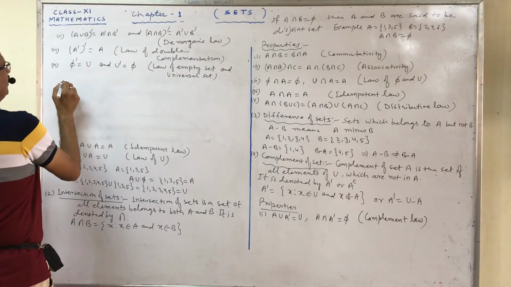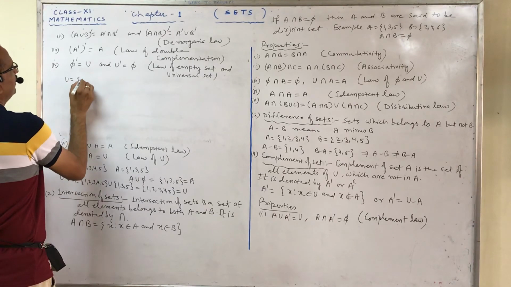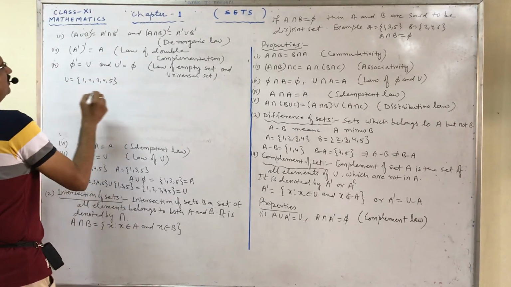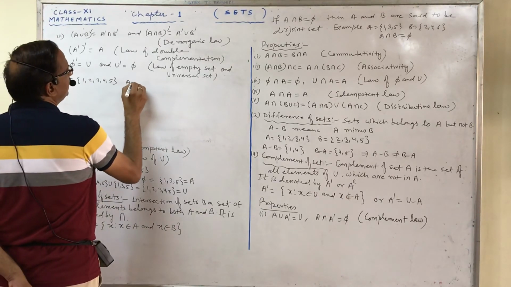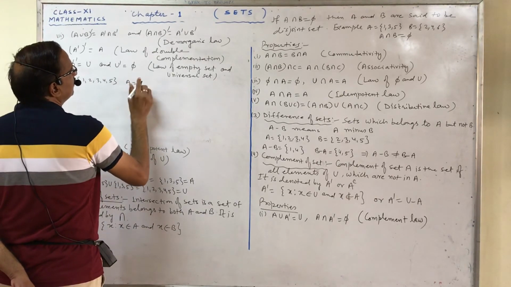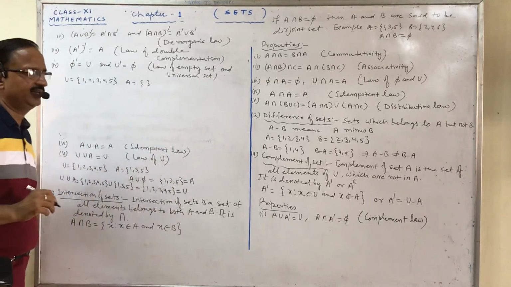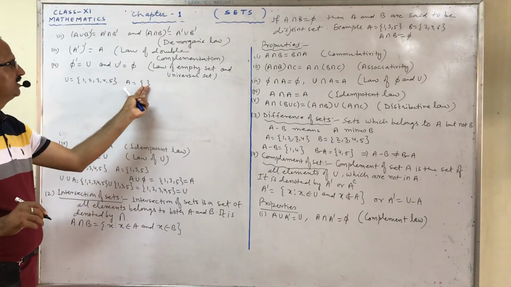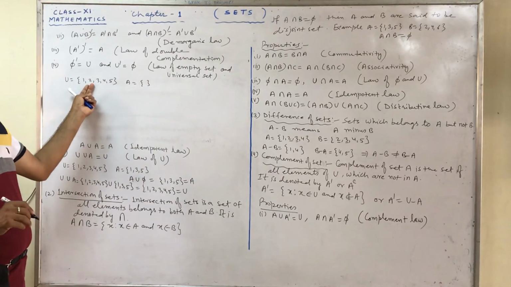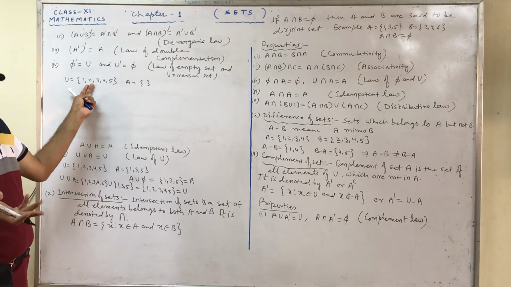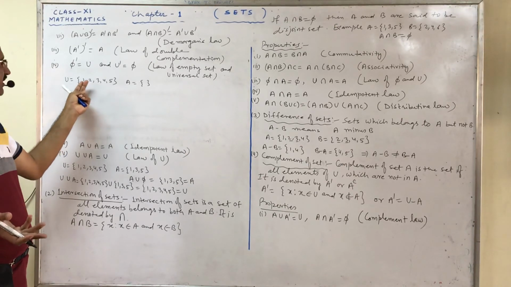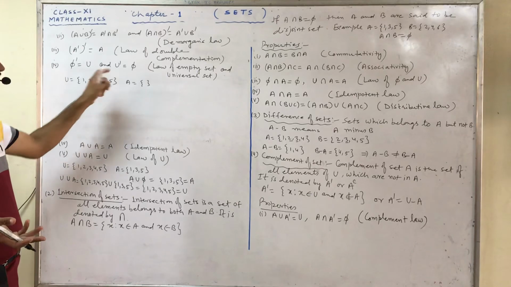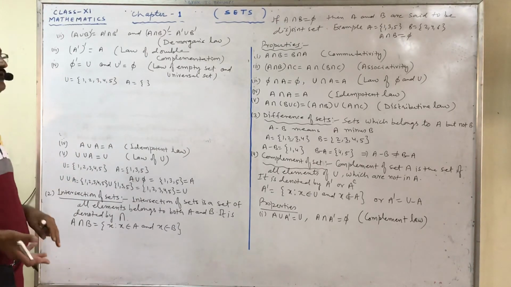Suppose we have a universal set and a set which is phi, that is null set. Now if we subtract this null set from U, means we are subtracting nothing. So the result is the same U. And U dash means complement of universal set.